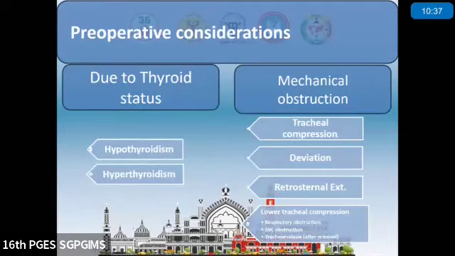So in thyroid diseases, we are concerned mainly of two things. One is functioning of the thyroid, that is, patient might be having hypothyroidism or hyperthyroidism. And other thing is the mechanical obstructions due to enlarged thyroid gland, which may lead to tracheal compression, deviation, or retrosternal extension.